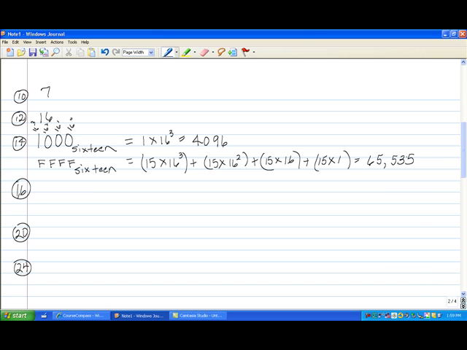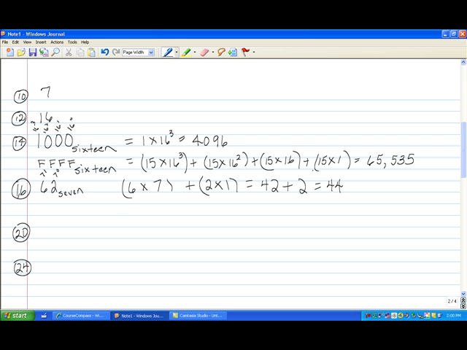So we have 62 base 7. So just reminding myself what these positions mean. So we have 6 times 7, plus 2 times 7 to the 0, which is 1. 42 plus 2 is 44.